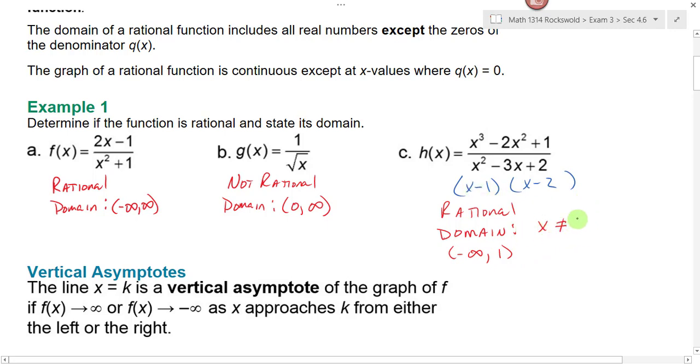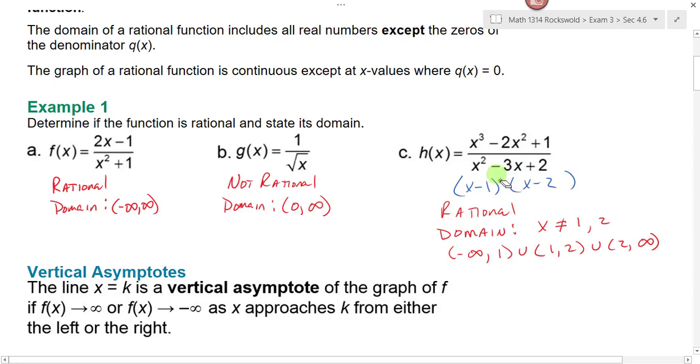X cannot be equal to 1 and x cannot be equal to 2. So if I wrote my domain in interval notation, I would say it's the interval from negative infinity to 1, union 1 to 2, union 2 to infinity. On a pencil and paper test, you can write your answer like this, but on your homework, MyMathLab will probably want you to write your answer in interval notation.